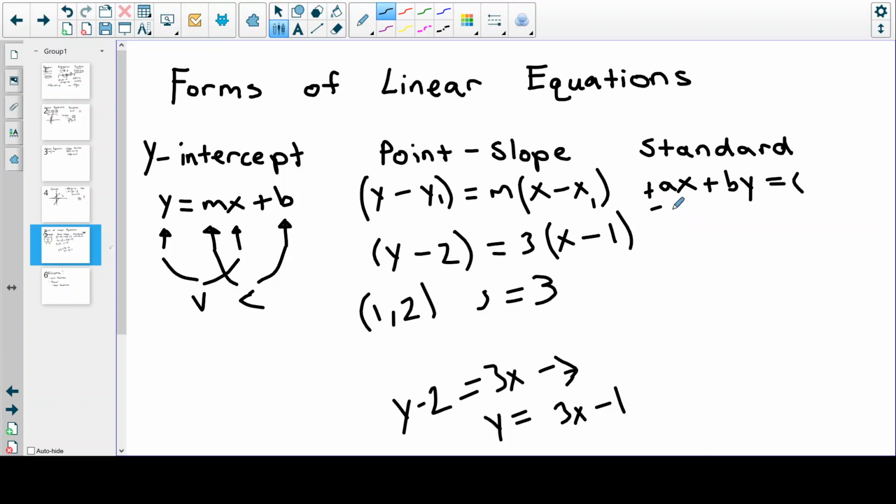So you're always going to subtract the ax from both sides, and then you get by equals c minus ax. Remember, like I said earlier, b is not the same thing as the b in the y-intercept form. Then you're going to divide out by b.